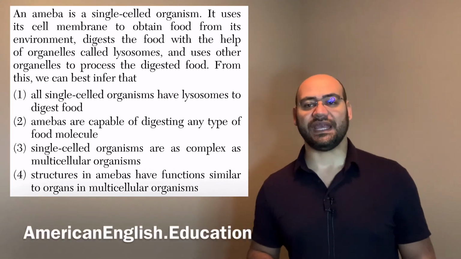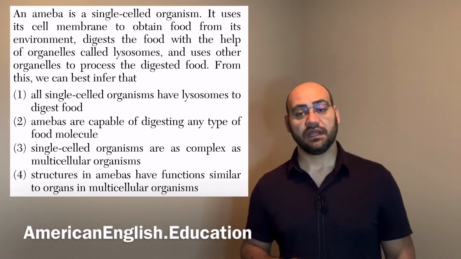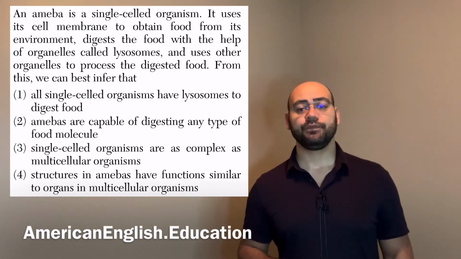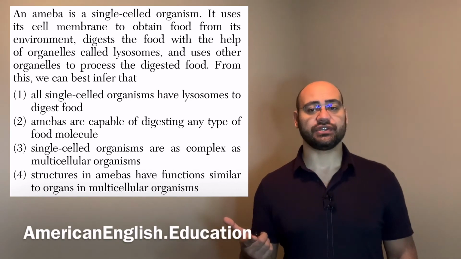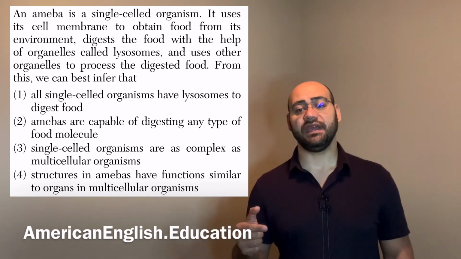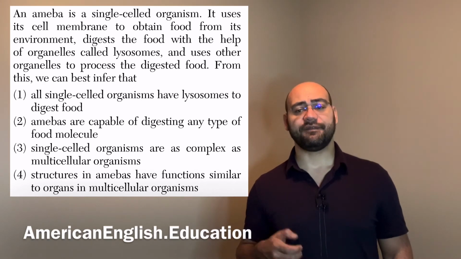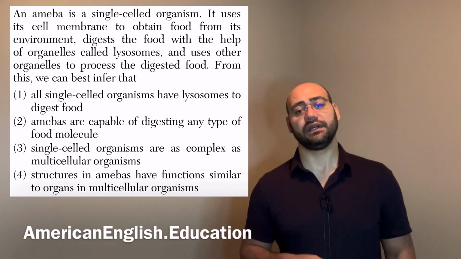Now, structures in amoebas have functions similar to organs in multicellular organisms. That sounds like our best bet, because it is true. The text does talk about structures such as organelles, called lysosomes. Those are structures in amoebas that have functions similar to organs. Yes, we definitely can infer that the functions of these structures are similar to organs in multicellular organisms.